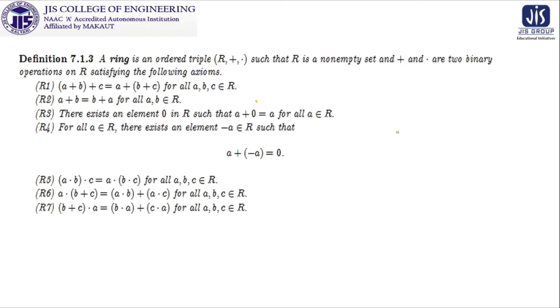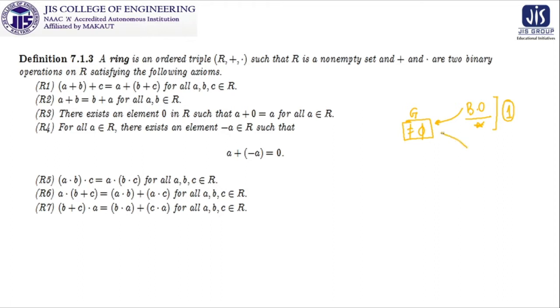All along the last class, we have taken one set G which is non-empty, and we have linked it with binary operation star, but the number of binary operations linked with it is 1.